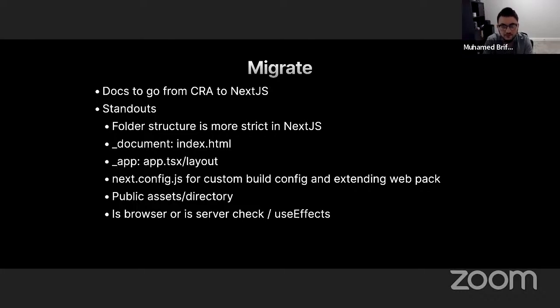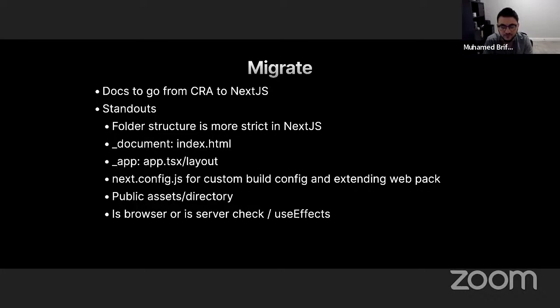NextJS has a different folder structure that's a little bit more strict. Specifically, NextJS handles something called automatic site optimization. As you're building the application, it will go through all of your pages.